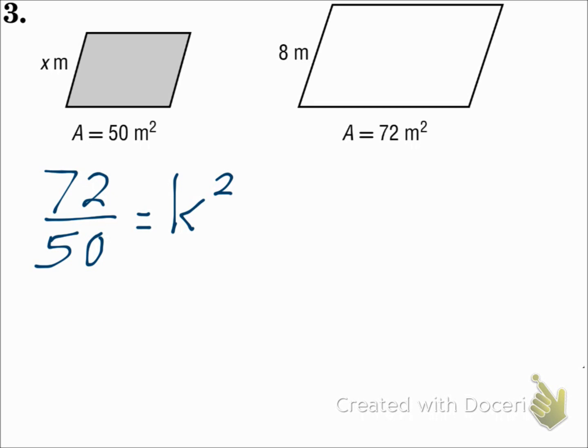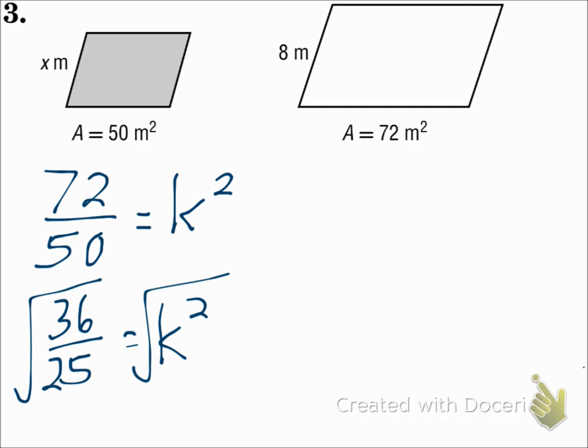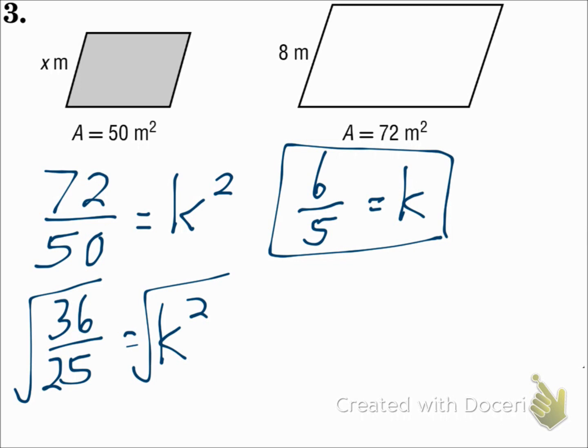72 over 50 can reduce to 36 over 25. That equals k squared. Square root each side, and the square root of 36 over 25 is 6/5. So the scale factor is 6/5. Now find x. The scale factor is from unshaded to shaded. I'll use that. And that equals the side lengths, unshaded to shaded. 6 over 5 and 8 over x.